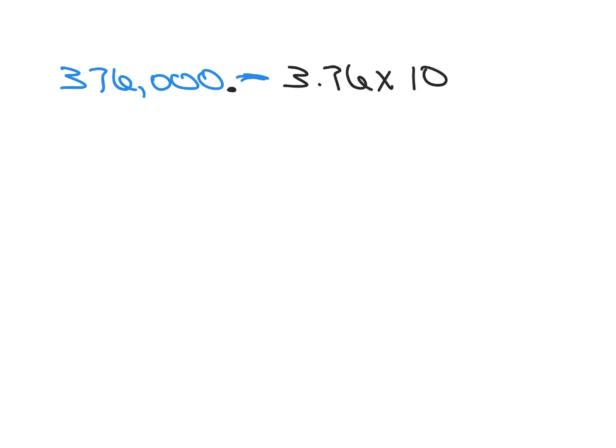And we always put it times 10. And we moved it 1, 2, 3, 4, 5 to the right in order to get it back. In order to write it in scientific notation, we moved it 5 decimal places to the left. We moved it 1, 2, 3, 4, 5 to the left.